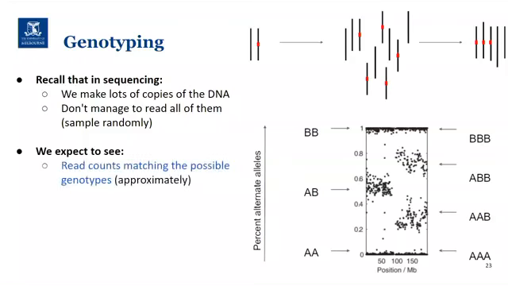So if you consider this, that we have 3 potential genotypes. This is the homozygous for the reference, this is the homozygous for the alternative, and this is the percentage of alternative alleles. So we expect, if we don't have any variants, that we don't see any alternatives. If we have a heterozygous variation, then we expect that approximately half of the reads will have the alternative.